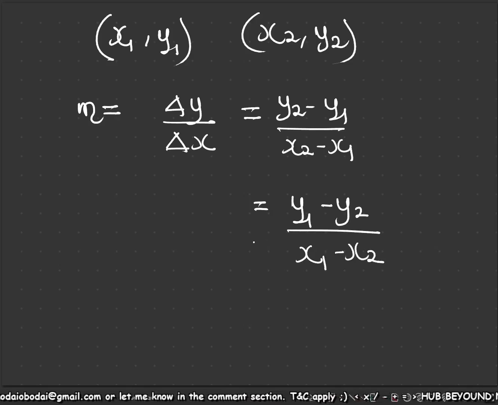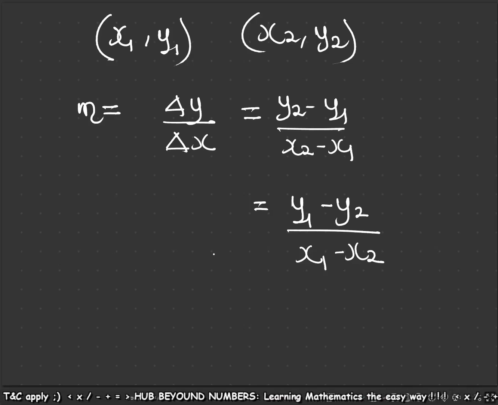The most important thing here is you keep your order. So if you are using y1 minus y2, then use x1 minus x2. And if you are using y2 minus y1, then for the denominator, also use x2 minus x1. With this, you'll be able to solve for any gradient of a line, provided you have 2 points on the line.